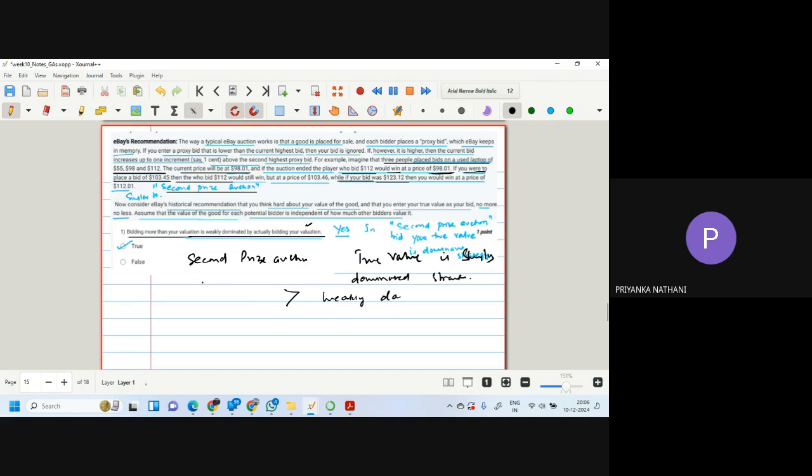When you bid more than your value, for example, you value the item at 300 but bid 350, and the second bid is 200, you will still win and pay 200 only. That is why it is weakly dominated. Still, it is dominating. Whereas bidding 300 is strongly dominant.